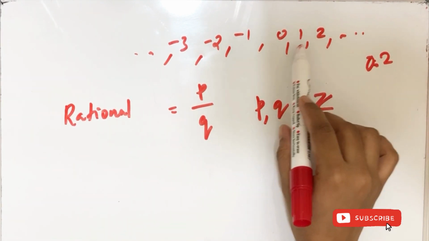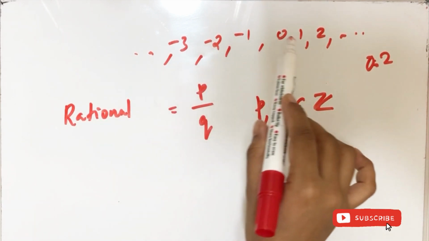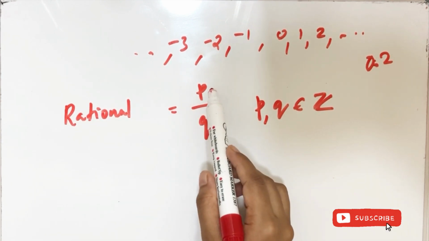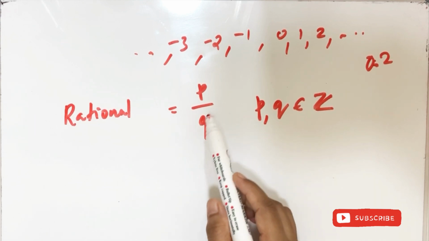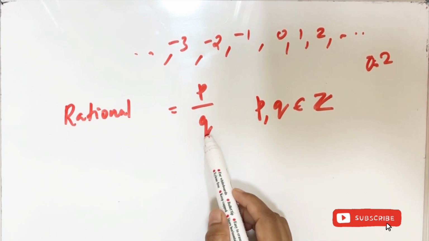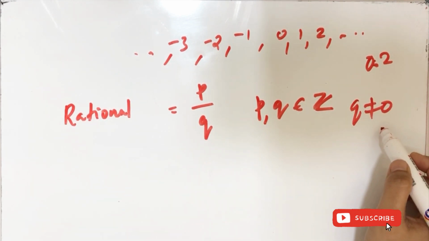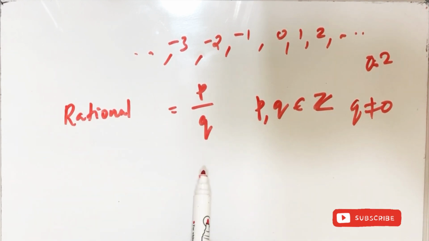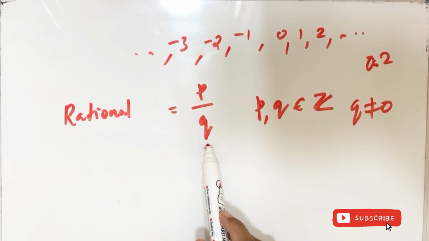No. Just the counting numbers, 0 and their negatives are integers. Rational numbers are an integer over another integer. Another peculiarity is that the denominator cannot be 0. Q is not equal to 0. So any number that can be expressed in p over q form, where p and q are integers and q is different from 0, is called a rational number.